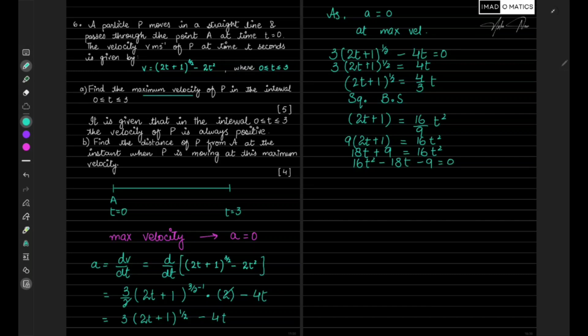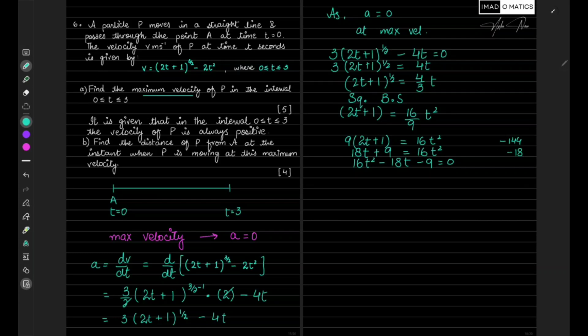Now we solve this quadratic equation. We need to break the middle term. We need two numbers that when multiplied give 16 times 9, which is 144, and when added give minus 18.